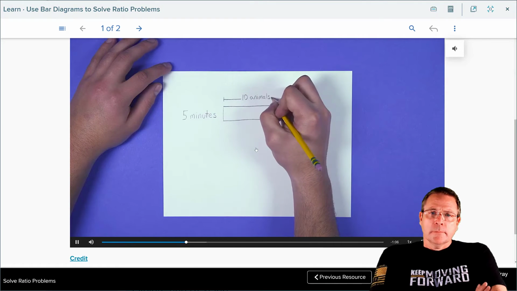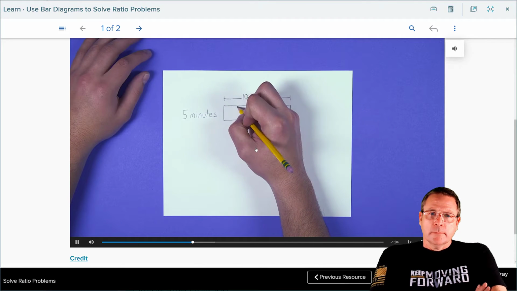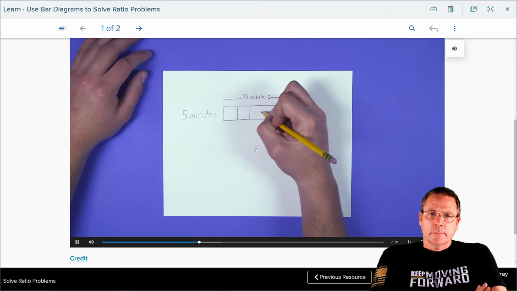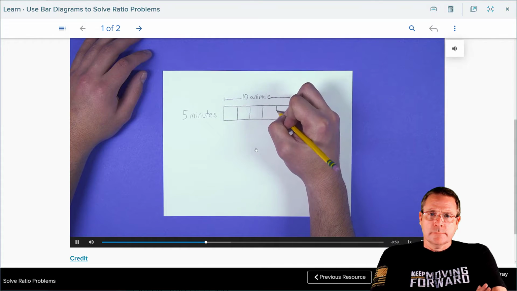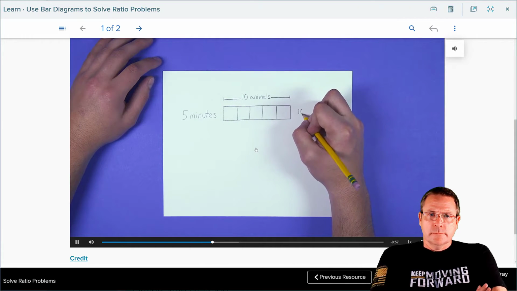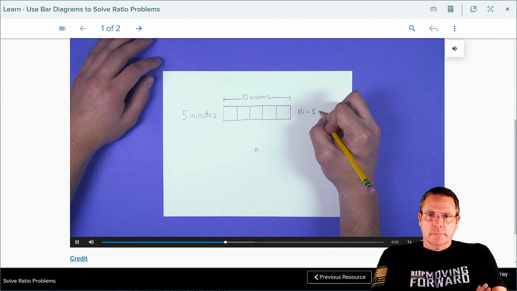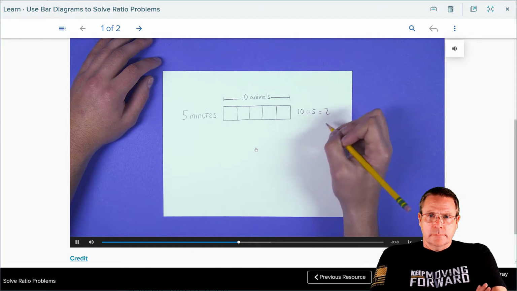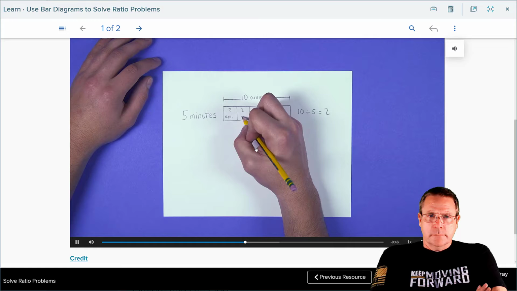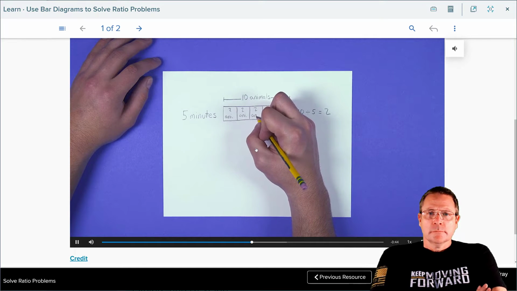Label the bar with 10 animals. Divide the bar into 5 equal sections to represent 5 minutes. Divide the number of animals, 10, by the number of sections, 5, to determine the number of animals made every minute. So, Enrique makes 2 balloon animals every minute. Write 2 animals in each section.